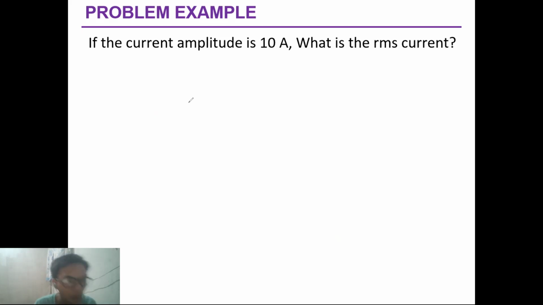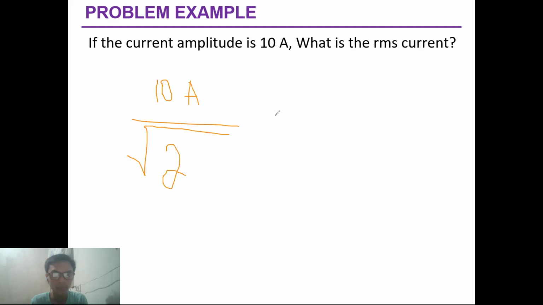So we need to divide the current amplitude, which is equal to 10 ampere, over the square root of 2. So we have 10 over the square root of 2, which is equal to 1.414.